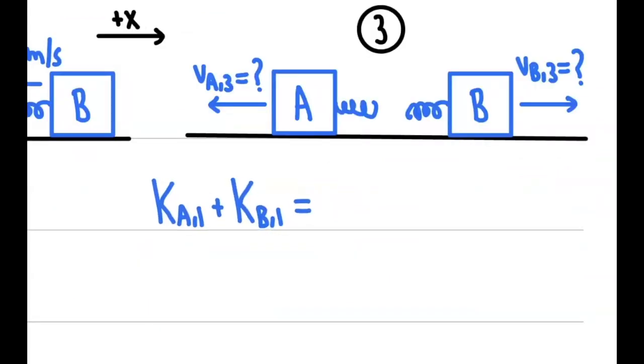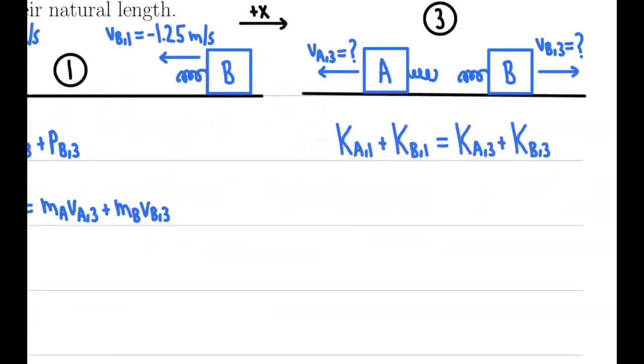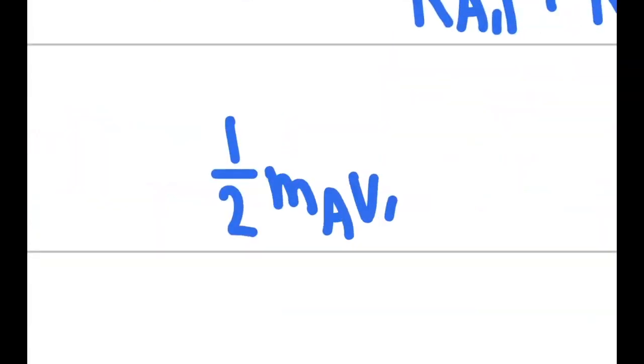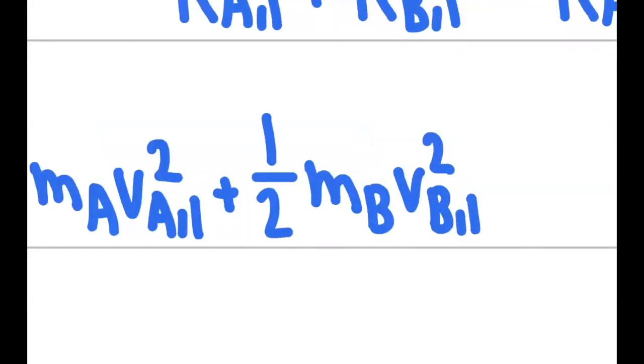So we have KA1 plus KB1 equals KA3 plus KB3. So KA1 is 1/2 MAVA1 squared. KB1 is 1/2 MBVB1 squared.